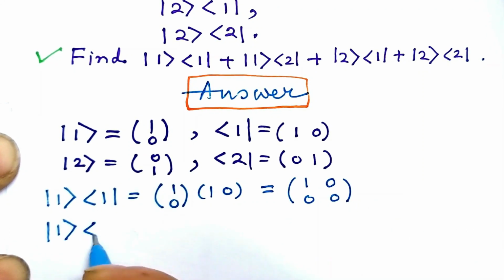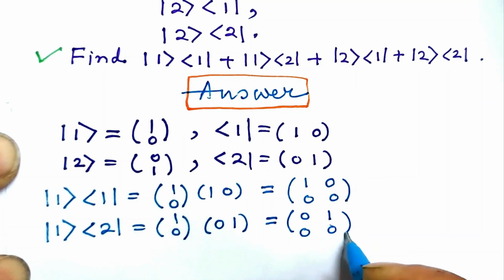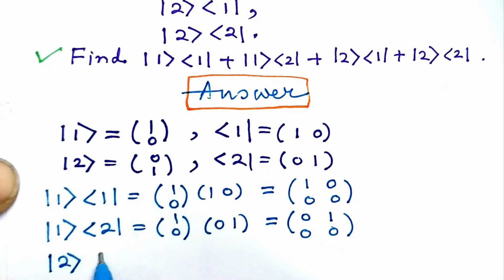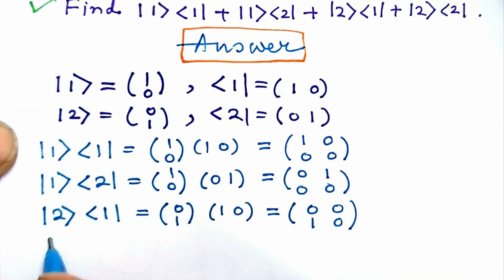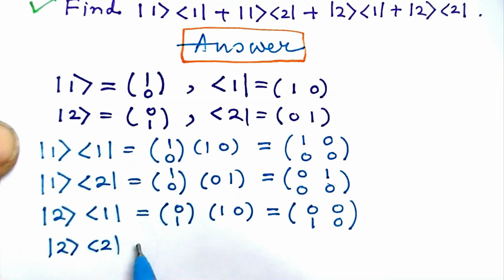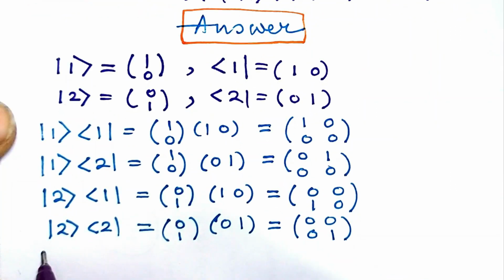Similarly, ket 1 bra 2 will be 0, 1, 0, 0. Ket 2 bra 1 will be 0, 0, 1, 0. And similarly, ket 2 bra 2 leads to the matrix 0, 0, 0, 1.